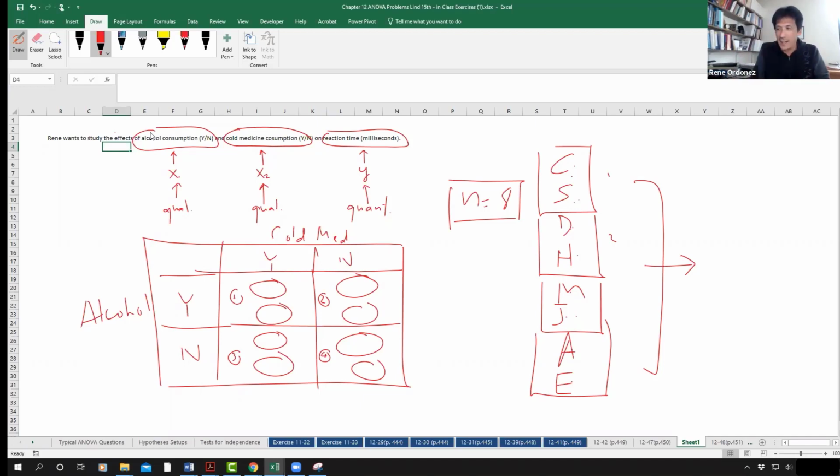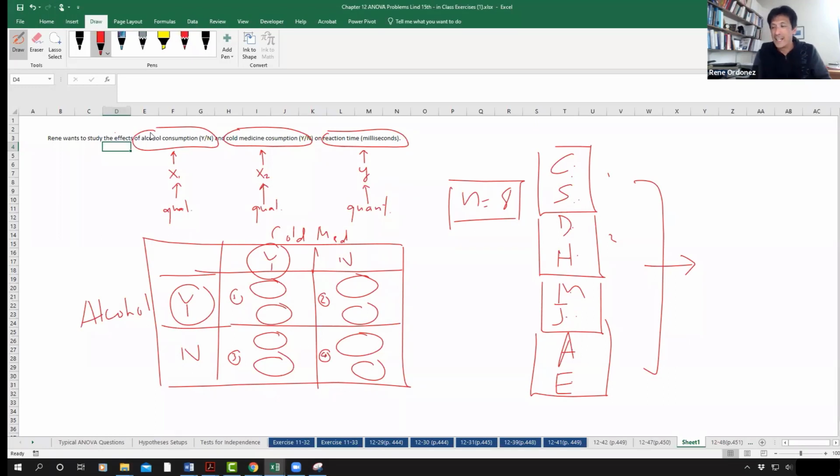So for Chris and Shoshana, I'm going to give them maybe a shot of alcohol and then a dose of cold medicine, right? For the second pair, David and Hannah, I will give them a shot of alcohol, the same one I give to Chris and Shoshana, but not give them cold medicine.